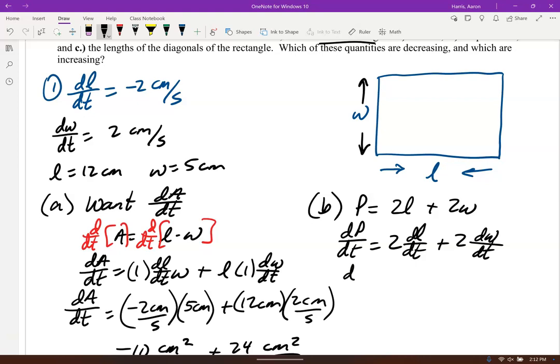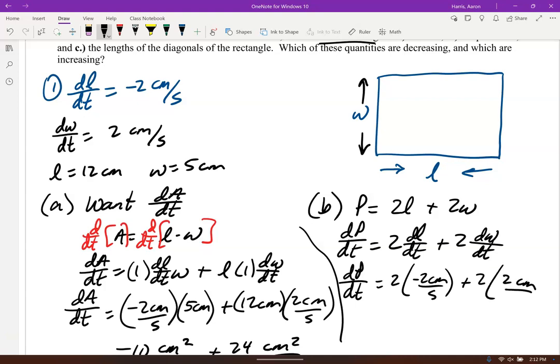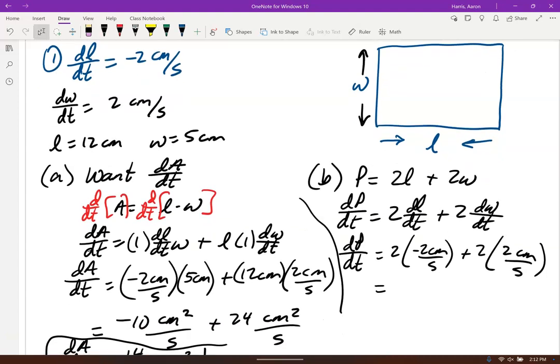Then you just plug those in. dL/dt is negative 2 centimeters per second. dW/dt is positive 2 centimeters per second. So I get negative 4 centimeters per second plus 4 centimeters per second, which is 0 centimeters per second. Which makes sense, because the length is decreasing at a rate of negative 2 and the width is increasing. So the perimeter is not changing. In other words, the perimeter is constant at this moment.